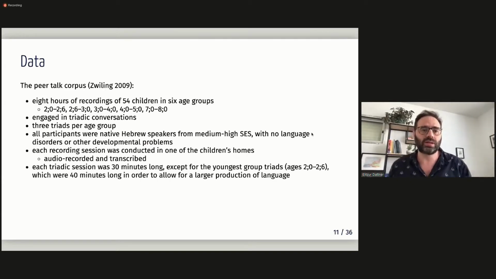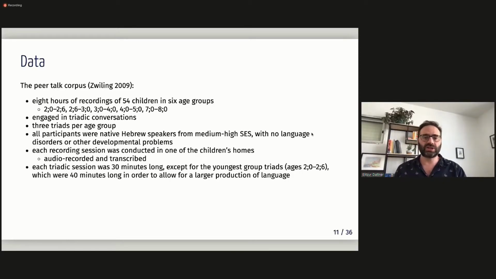We look at the peer talk corpus by Zwilling, and it's composed of 8 hours of recording of 54 children in 6 age groups: 2 to 2.5, 2.5 to 3, 3 to 4, 4 to 5, and 7 to 8.